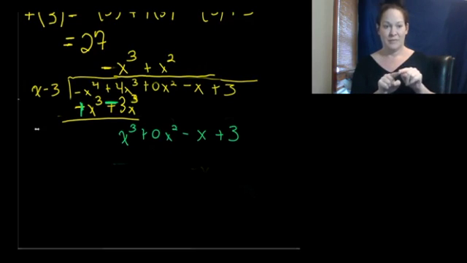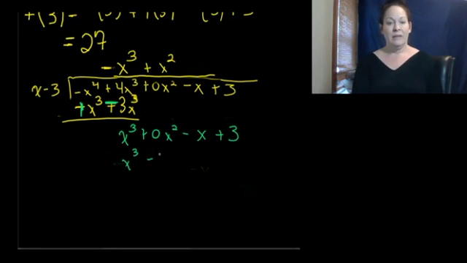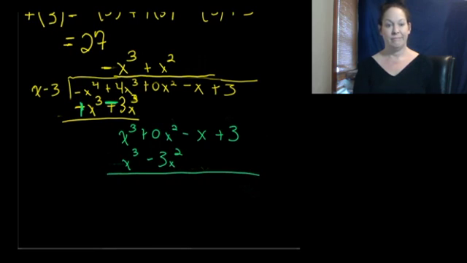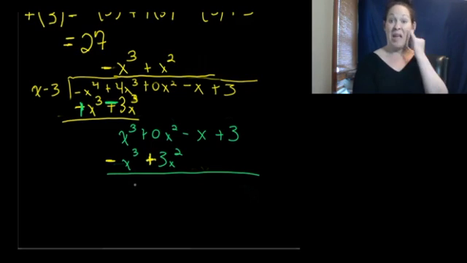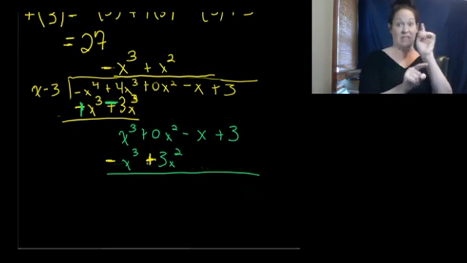So I will now multiply this back through. I get x cubed minus 3x squared. I will change my signs. If I've done my job right, the leading terms cancel.